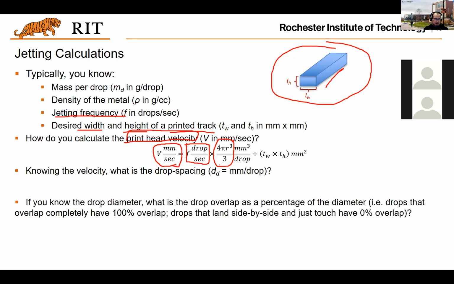You use this volume over this width and height. Then you will have a length for this trace, and that is what you want in order to figure out the velocity.